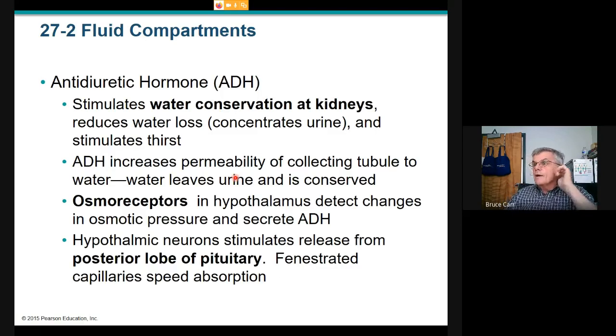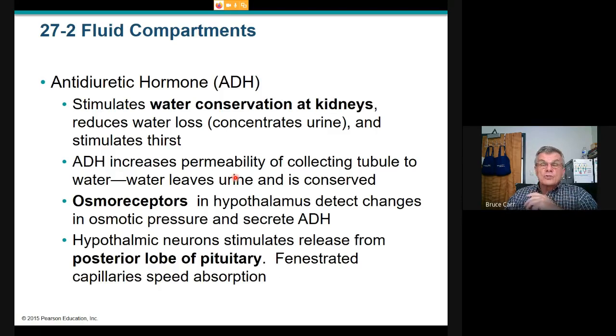ADH, oh, I'm sorry, I forgot I had spelled this out. ADH, antidiuretic hormone, produced in the hypothalamus, stored in the posterior pituitary, a water conservation step at the kidneys. Shows perfectly the effect of an endocrine release. It's released from within the blood-brain barrier and basically taken up by those fenestrated capillaries.